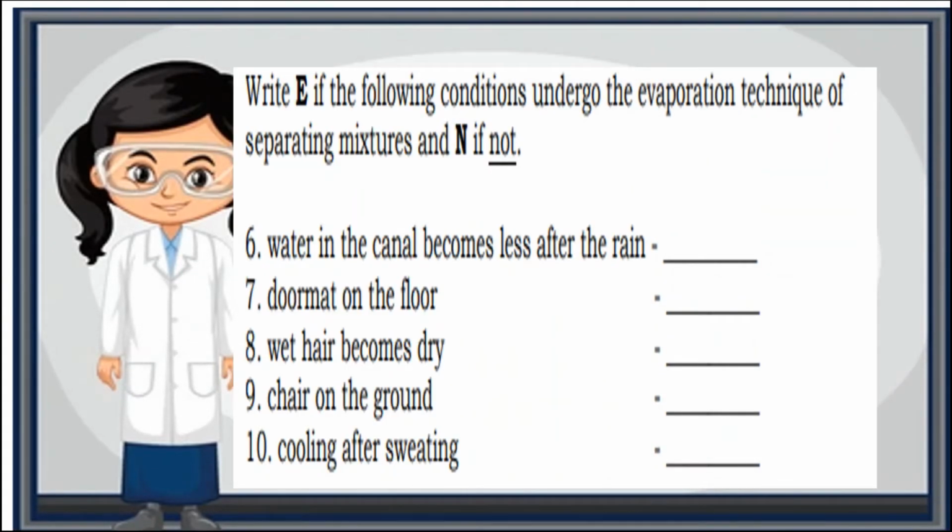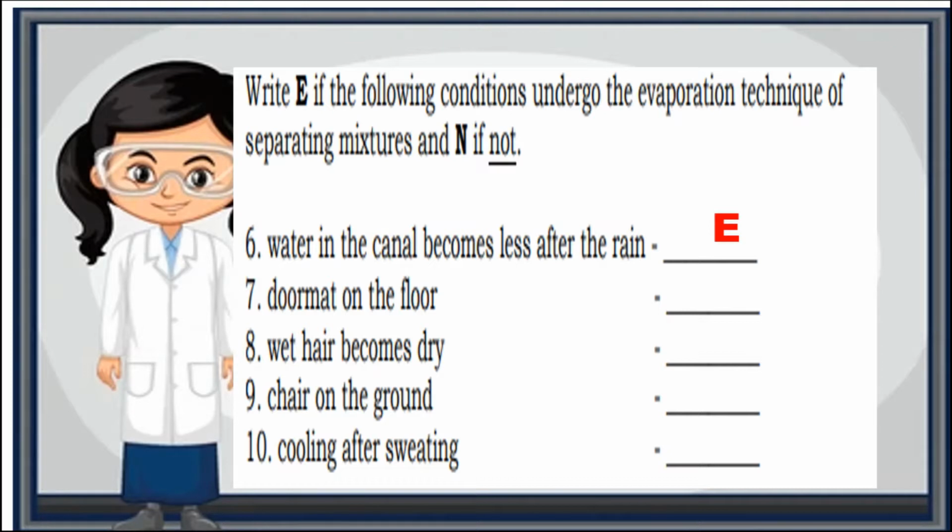Write E if it is an example of the evaporation technique of separating mixtures and N if not. Number 6. Water in the canal becomes less after the rain. Answer is letter E. E stands for evaporation. Number 7.